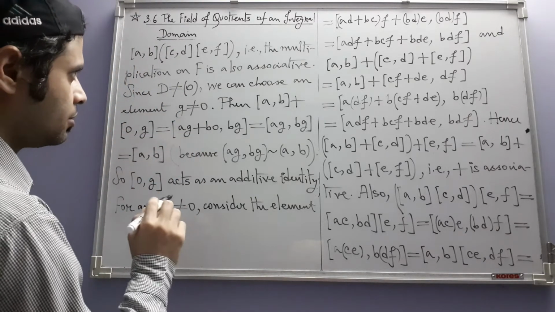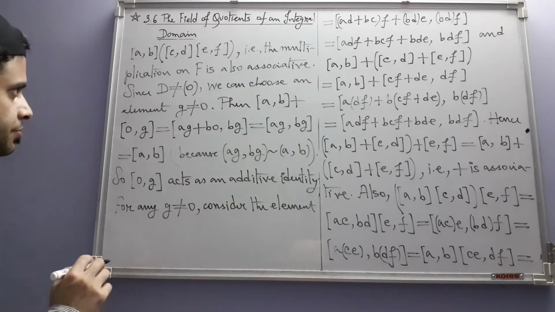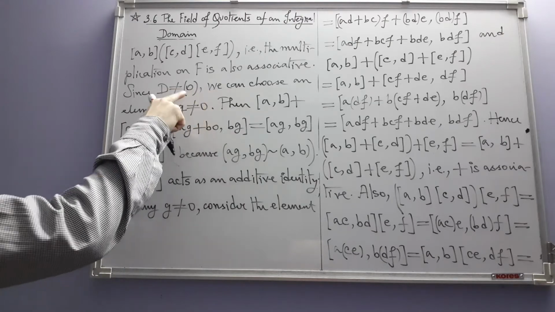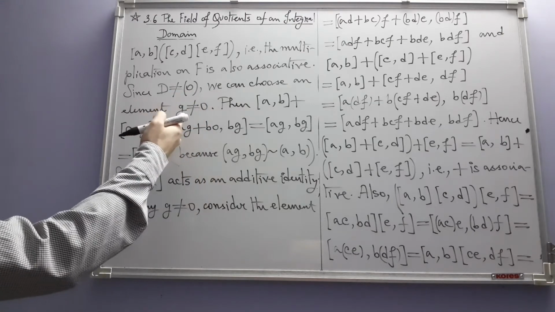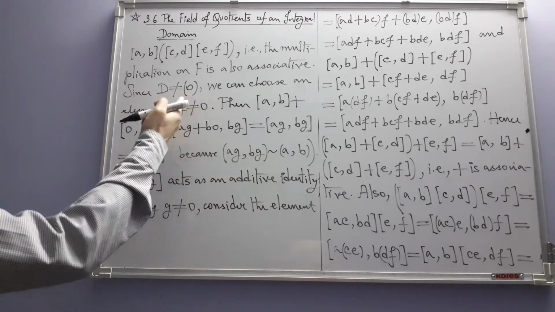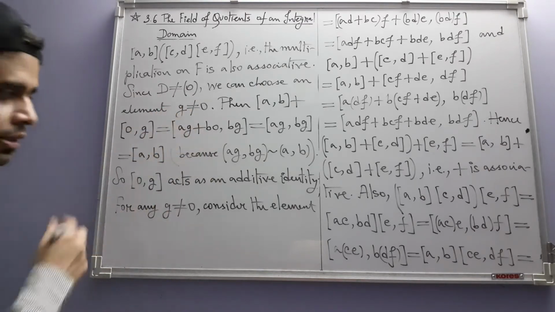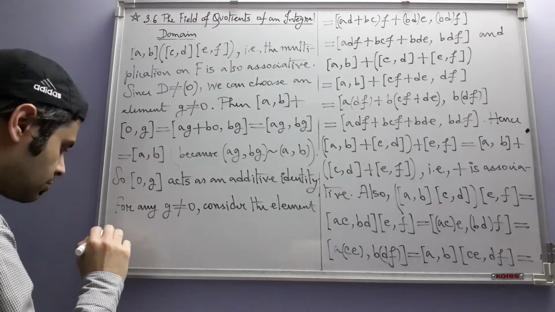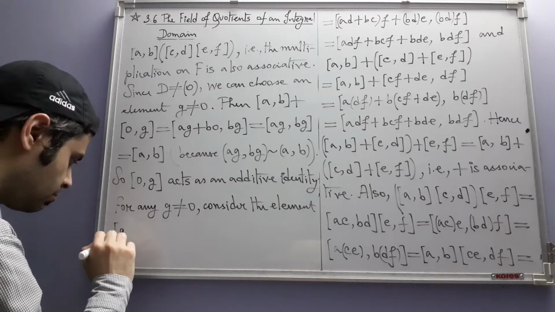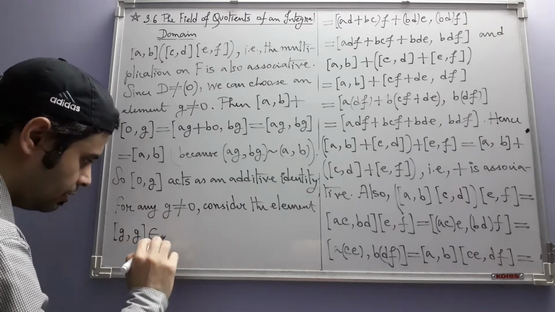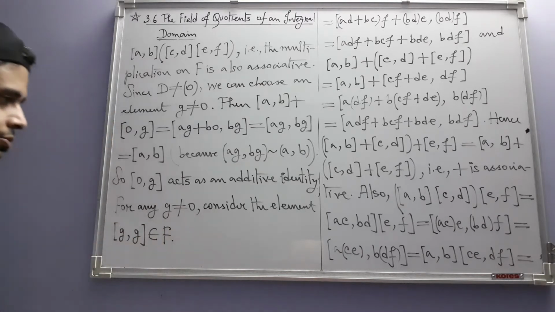I have not written that this g is in D, but you can understand from here what I am talking about. Since D is non-zero, a non-zero element has been chosen from D. Consider the element (g, g) in F.